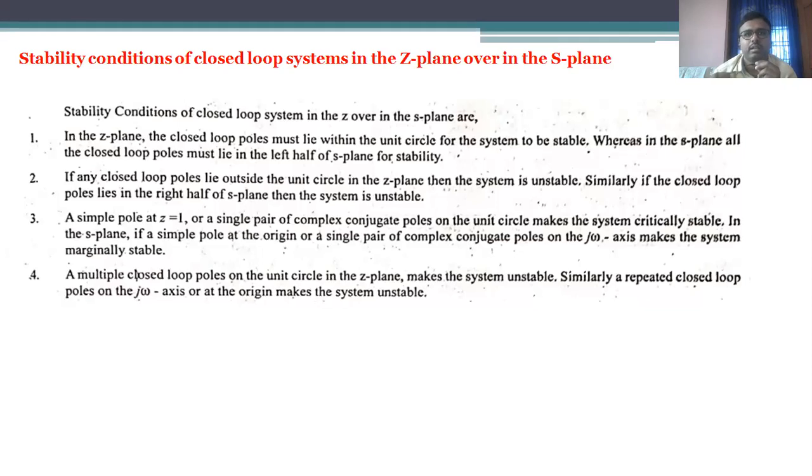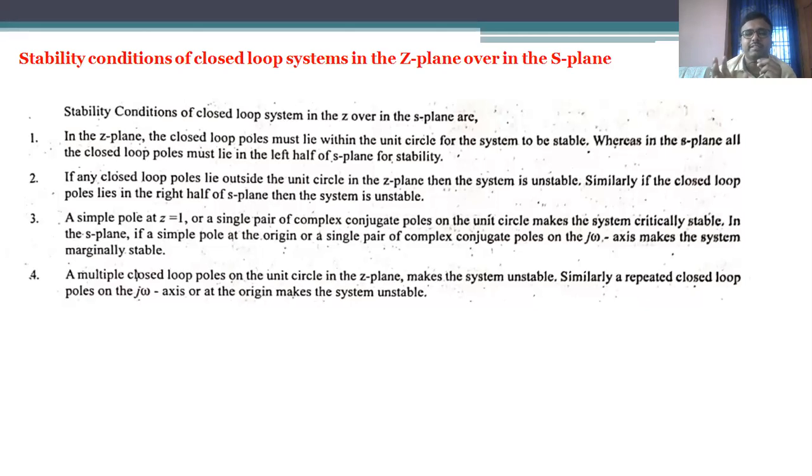Once again, if a pole of a closed loop transfer function in the z domain lies on the unit circle, then that system is called critically stable in the z plane.